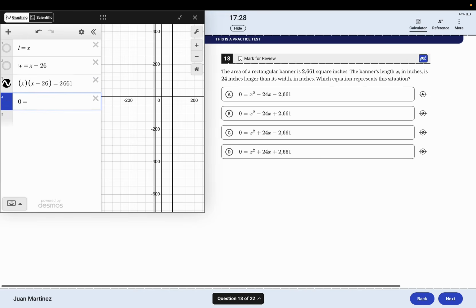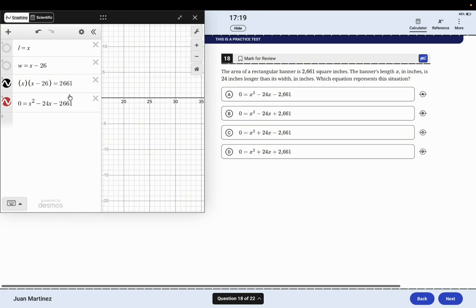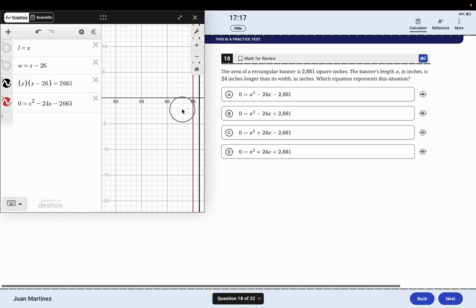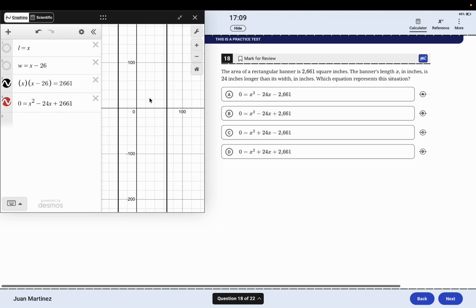So 0 minus x squared minus 24x minus this. That looks to be it. Let me confirm that. Oh, it's not it. Okay. Good thing I checked. I would have definitely picked that on test day, but is this it?